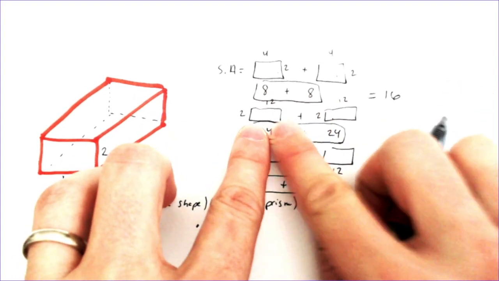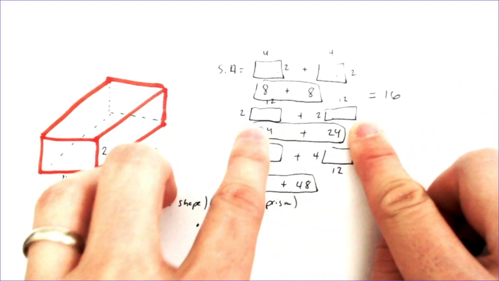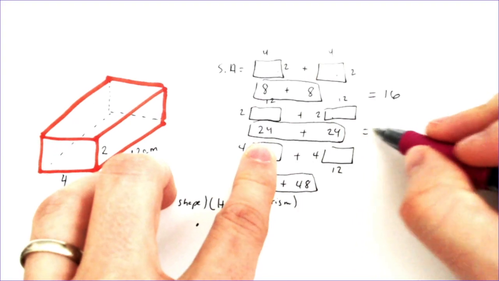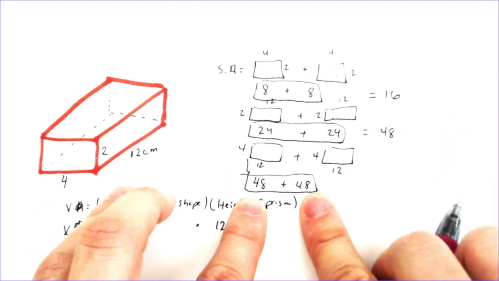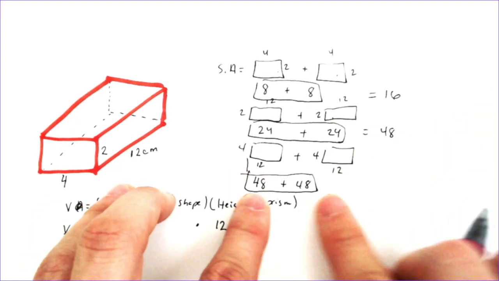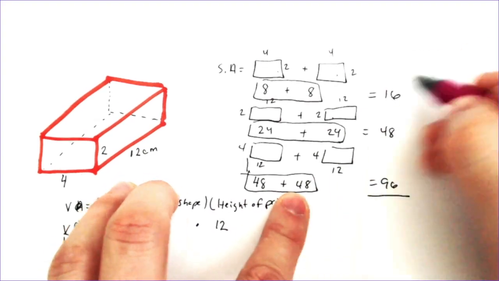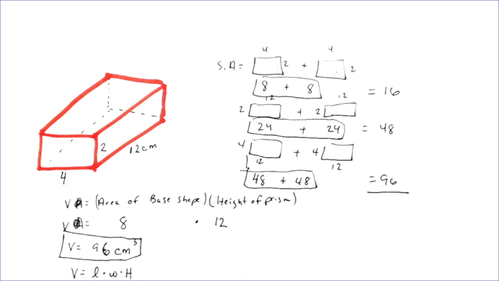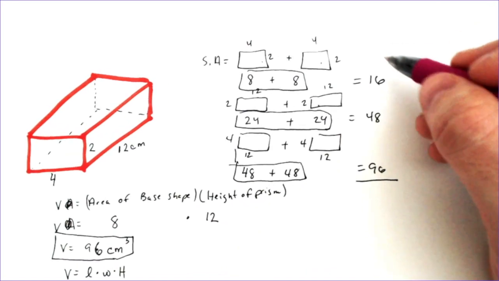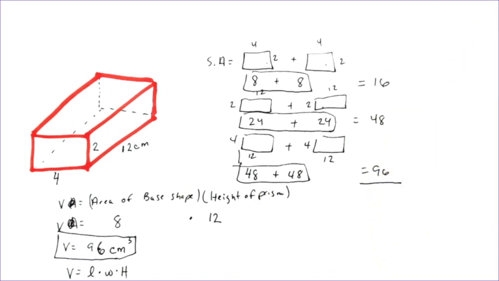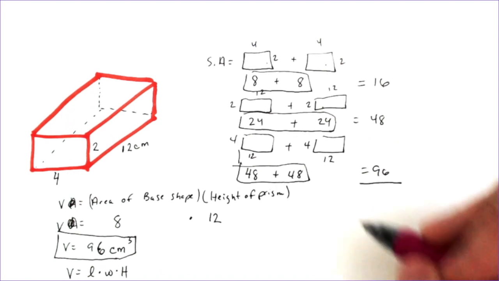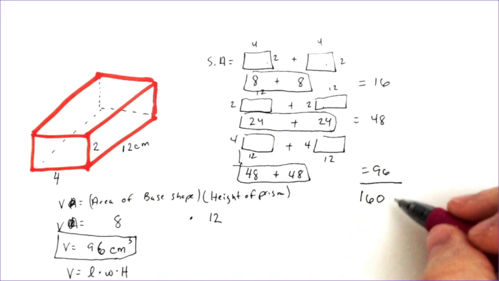We have to add the two other left and right sides together, the 24s together, to get 48. We have to add the top and bottom rectangles together, which were both 48, to get 96. You have to add all of these rectangles together, and we add them all together, 96, 48, and 16, you get 160.